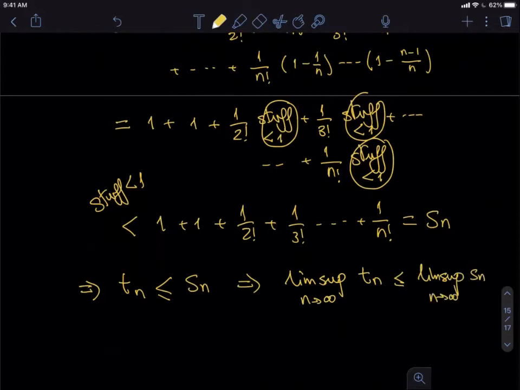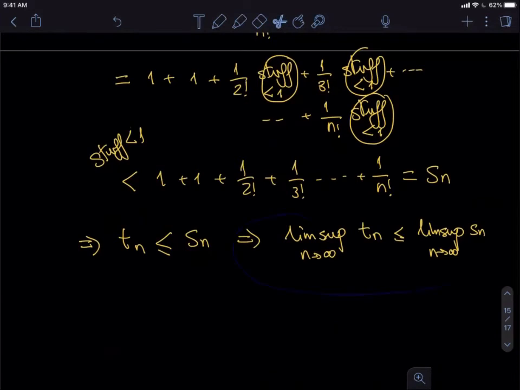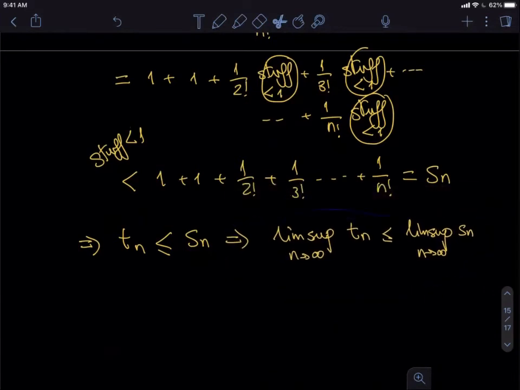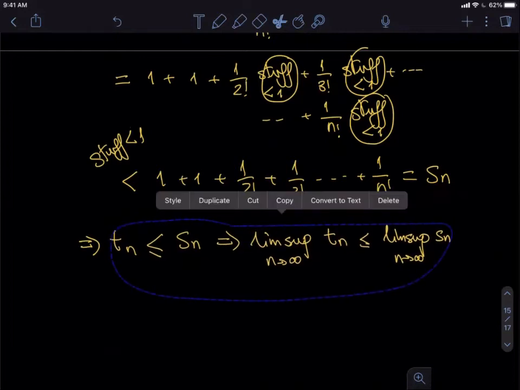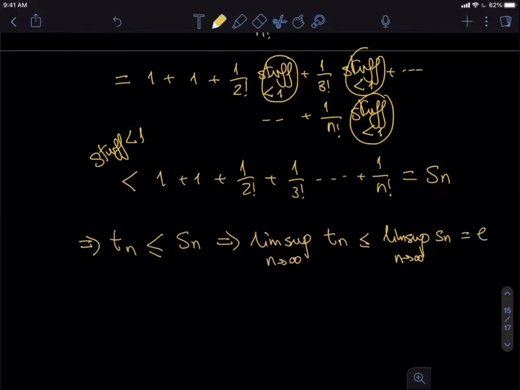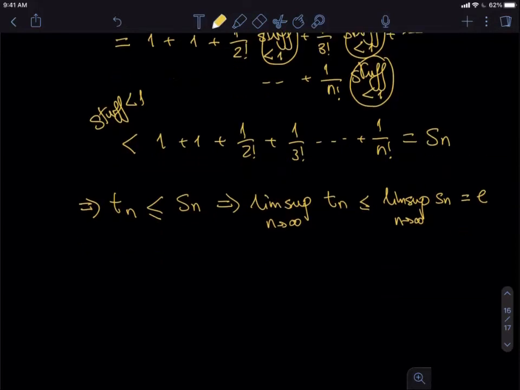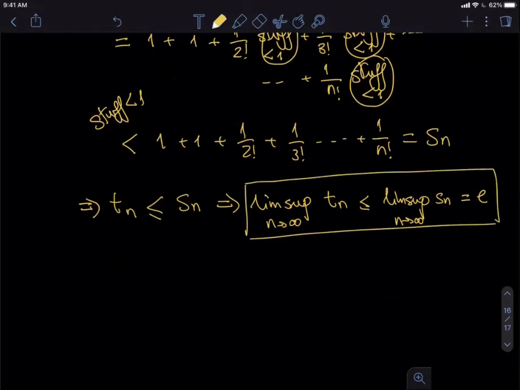Okay, but the lim sup of the Sn, because Sn converges, we already said that, and we define it as converging to the number e, this is equal to e. Remember, if there is convergence, the lim sup equals the limit. So that's one thing we have already. The lim sup of Tn is less or equal than e.